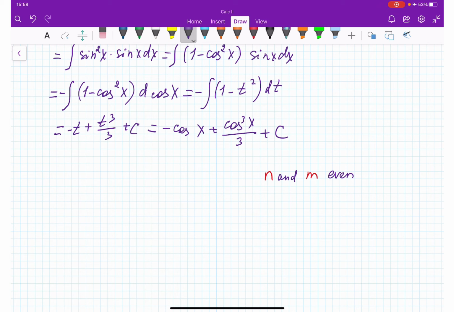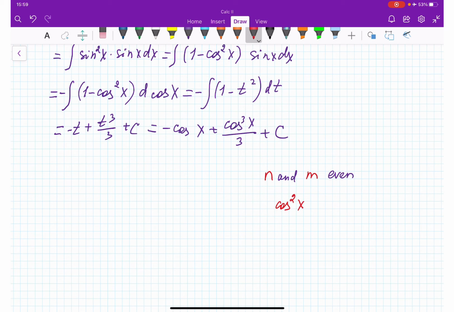So in this case, we are going to use the following formulas. That's going to be reducing our degree, even degree going to reduce to odd one. So, and the formulas we are going to use is the following.